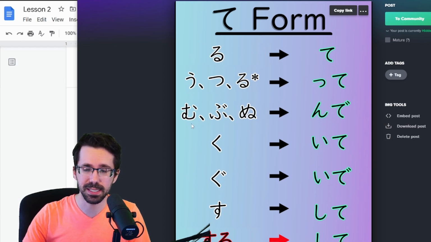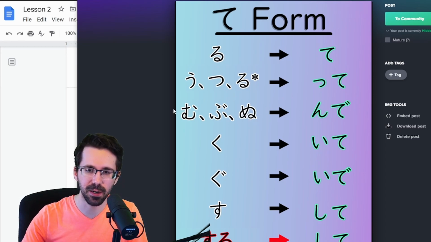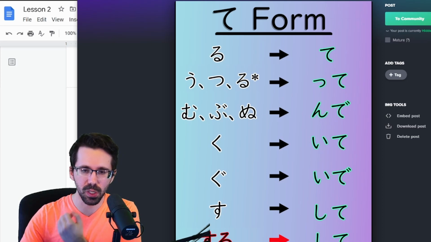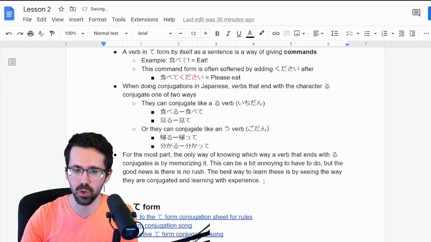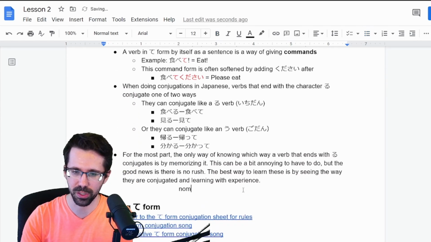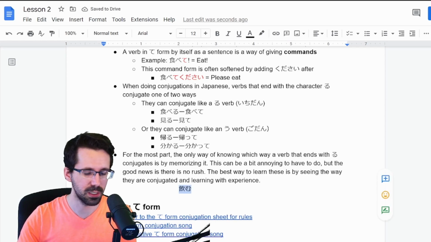So what that means is that any verb that ends with mu, bu, or nu, in order to make it into te form, we're going to take that character off of the word and add on nde. So for example, the word nomu is a pretty good example. We'll look at that right here.